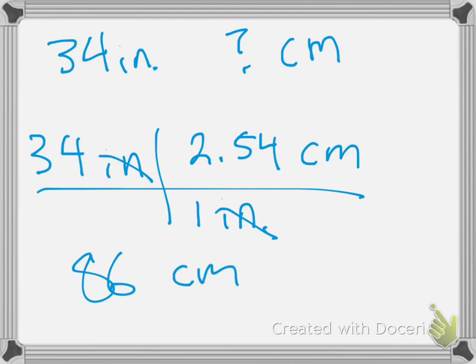Centimeters. So you can use this to convert anytime you know the conversion factor. So if you're converting from hours to seconds, knowing there's 3,600 seconds in an hour, that's your conversion factor. You just have to find two things that are equal. 1 inch is equal to 2.54 centimeters, so we can use this conversion factor.